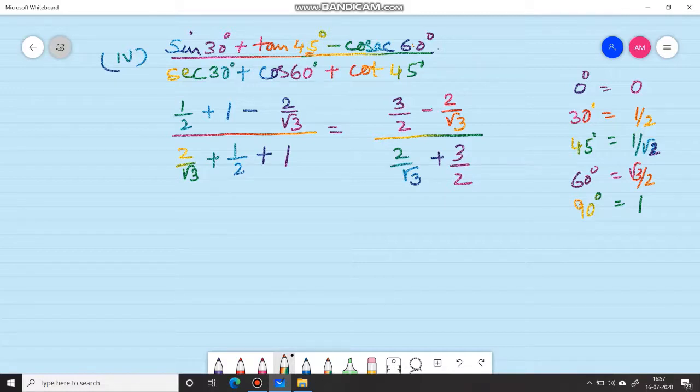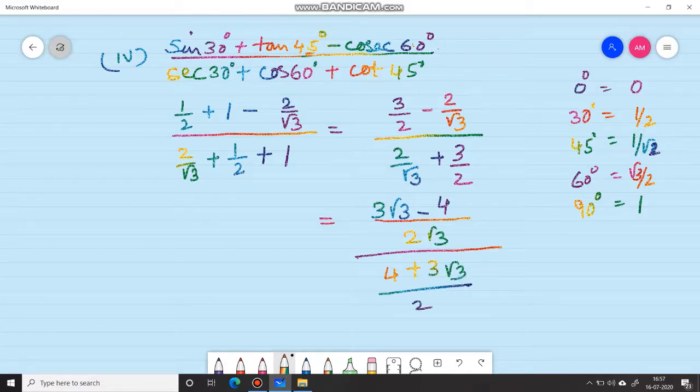Now look here, it is 2 root 3 as LCM in the numerator as well as 2 root 3 as the LCM for the denominator. Now see what you can do here is, if you are taking out 2 root 3 as LCM, so here how much you are going to get? You will get 3 root 3 minus 4, and here you will get 4 plus 3 root 3, divided by 2 root 3.